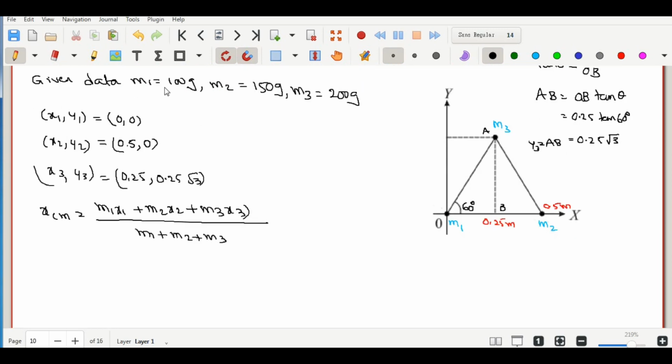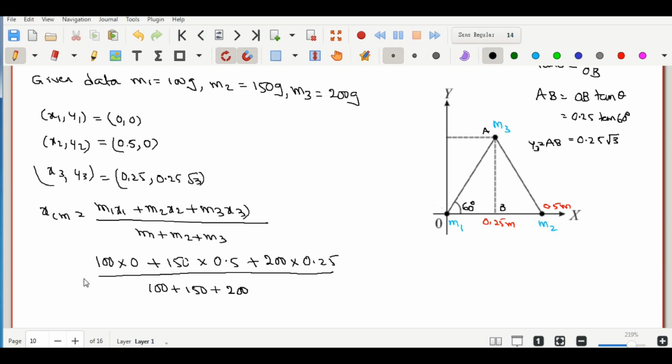Now according to the given data, m1 is 100, x1 is 0, m2 is 150, x2 is 0.5, plus m3 is 200 into x3 is 0.25, divided by 100 plus 150 plus 200.